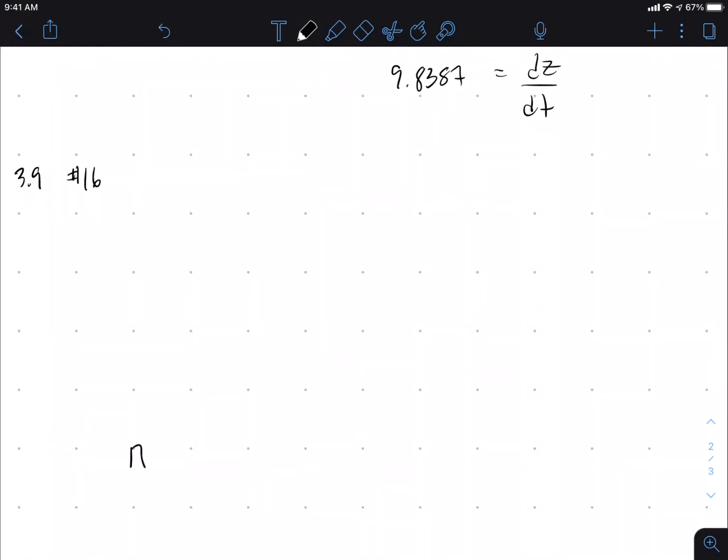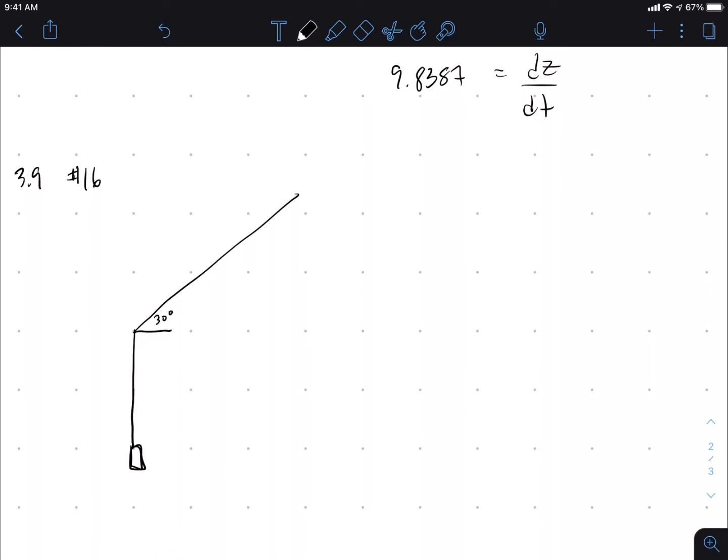Here's my radar station, okay? It tells me that there's a 2 kilometer distance, right? So there's a 2 kilometer distance, and then from there the plane takes off at an angle of 30 degrees. So this little angle here is 30 degrees, right?